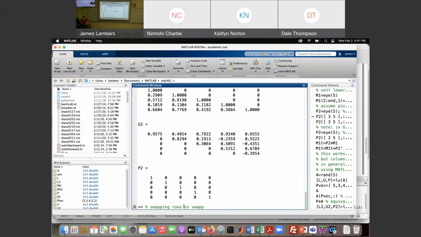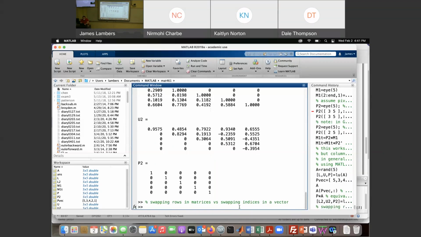Now I want to point out swapping rows in matrices versus swapping indices in a vector. I showed you this before. Oh, I thought I did. Never mind.